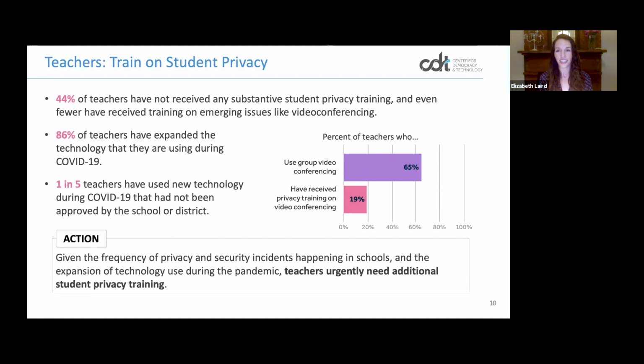I know the last thing you need is another training, but I think it's important that we set people up to be successful. And I think asking folks to use technology that might have privacy or security issues that you're not aware of is a problem. So I think it's important to set people up for success, and that means training them on how to use technology responsibly and protect students in the process.